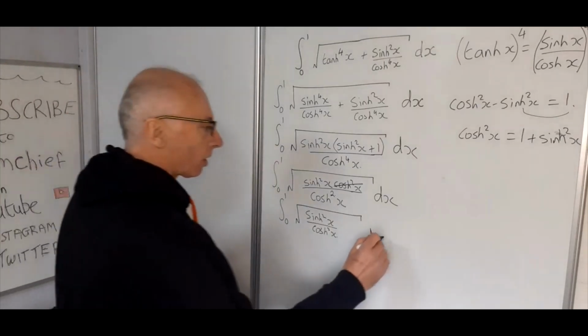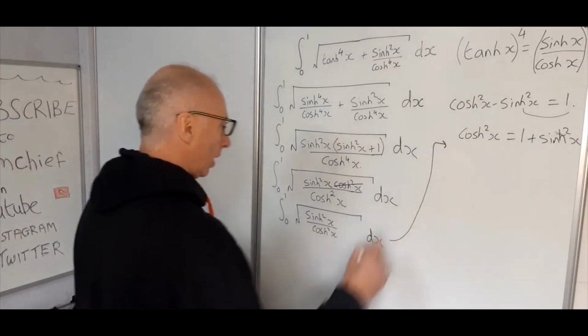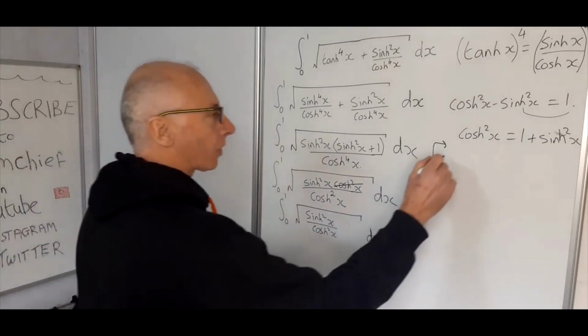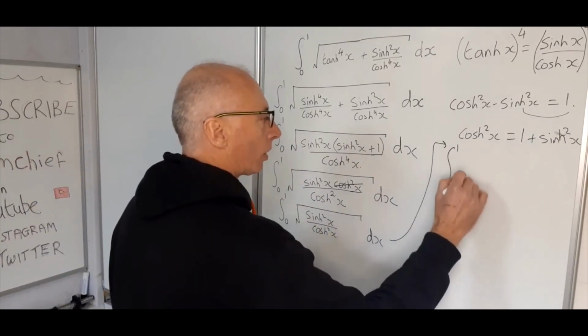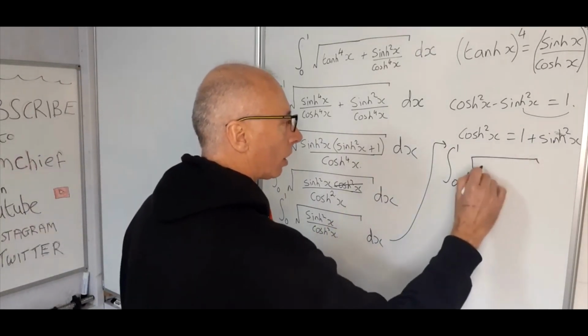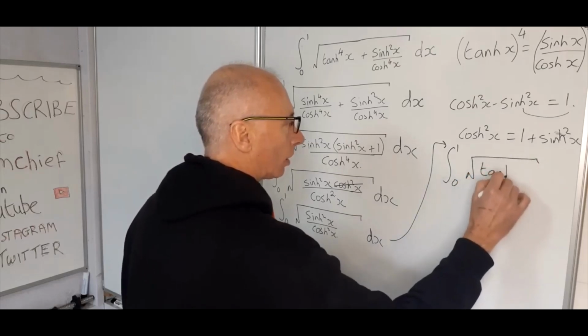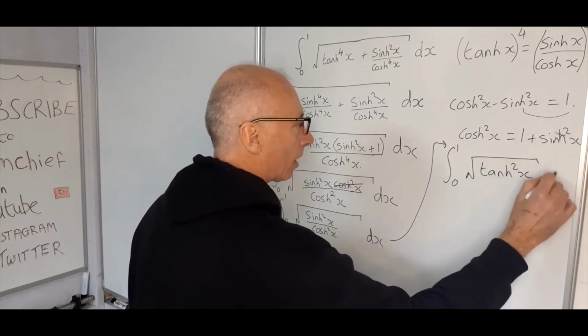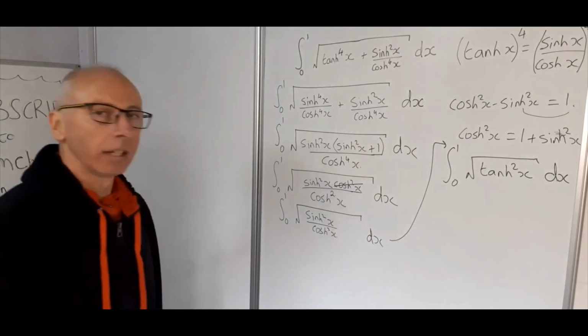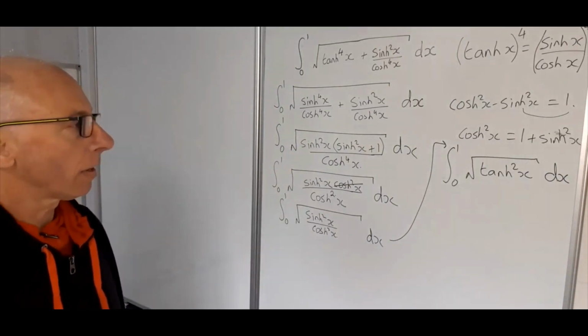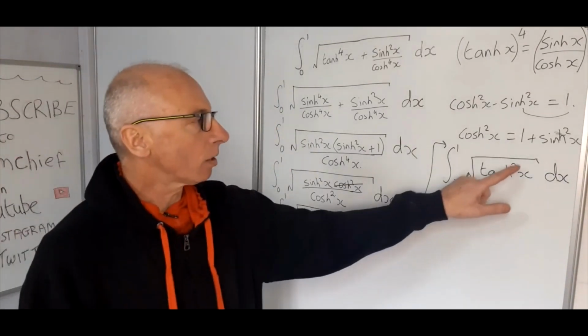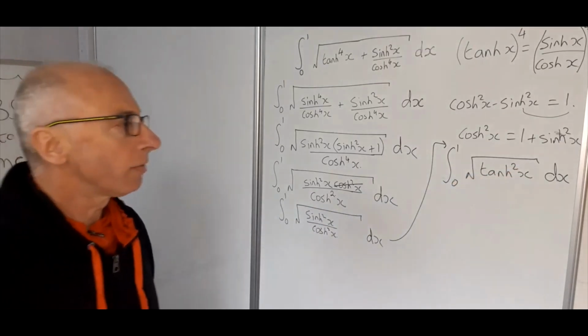So now let's bring this up over here. So now, 0 to 1, square root of tanh squared x, dx. Now this is looking very promising because we've got a squared term inside a square root, so they're inverses of each other.